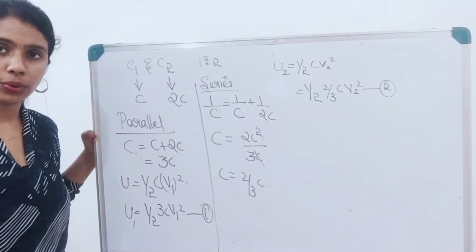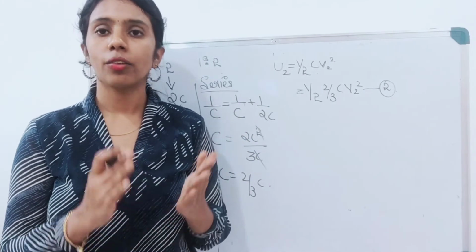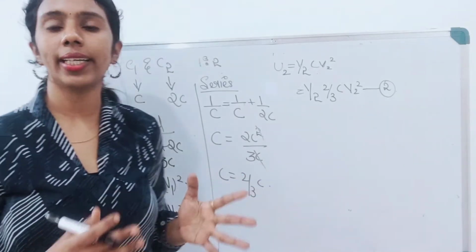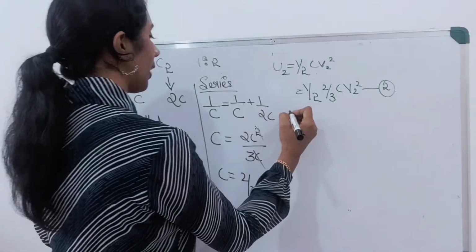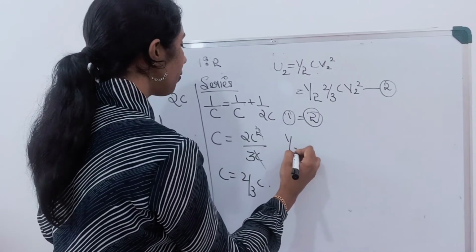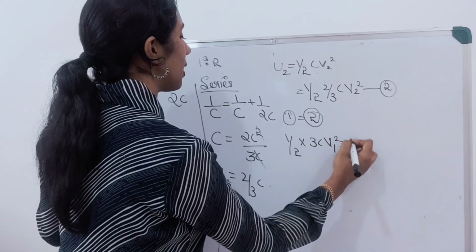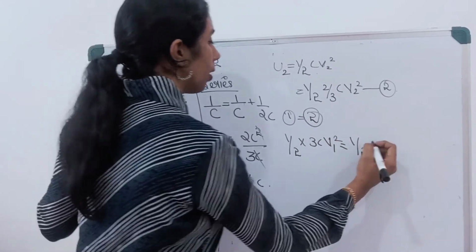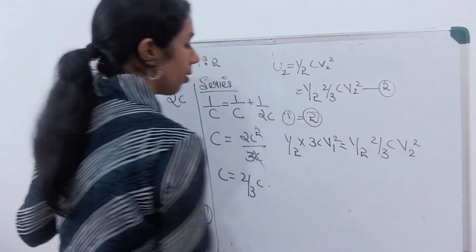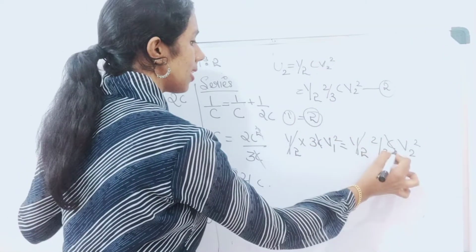U1 is equal to U2. We have to find the ratio of potential difference applied for equal energies. That is, U1 is equal to U2, which is given in the question. So equating 1 and 2, half into 3C V1 square is equal to half into 2 by 3 C V2 square, where half cancels, C cancels.